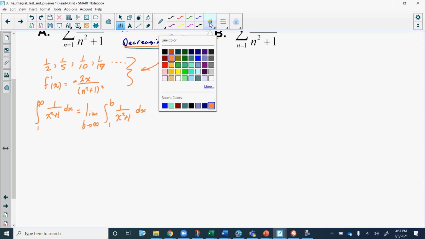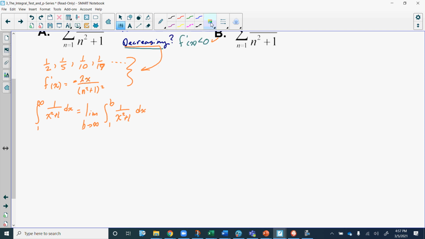Now, one of the things that I want to illustrate here, particularly looking at the denominator and the fact that the numerator is a 1, hopefully is going to jump out at you and say, here we're going to be looking at something like inverse tangent. If you don't remember, here we're looking at du over a squared plus u squared, and the u in this case would represent the x.